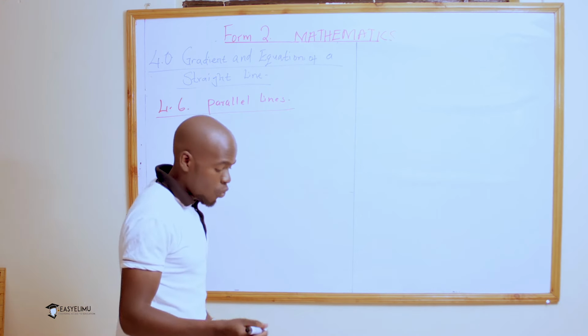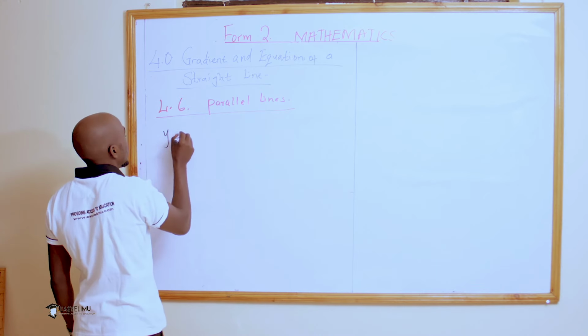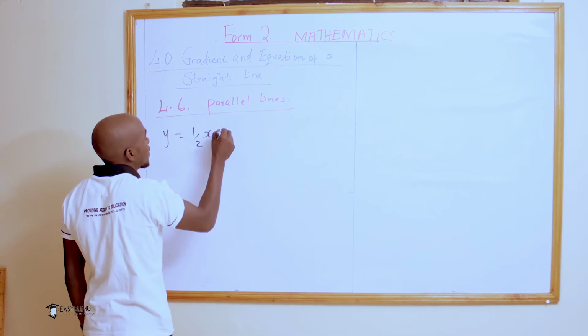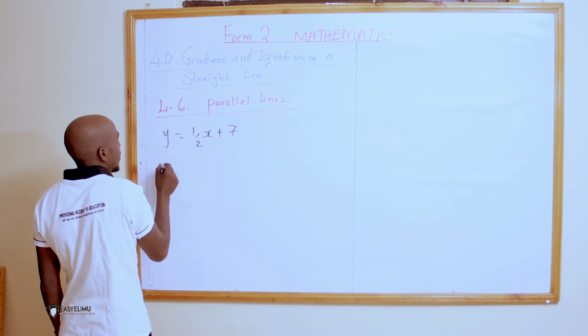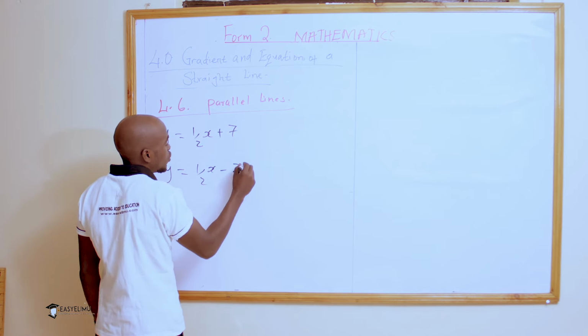For instance, we can view a line like y equals a half x plus 7, and another one y equals a half x minus 20.